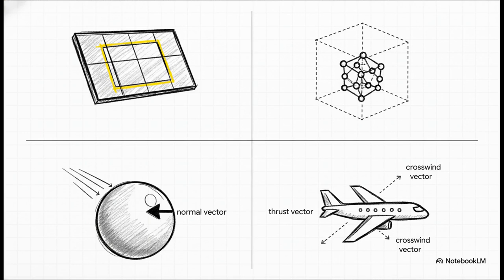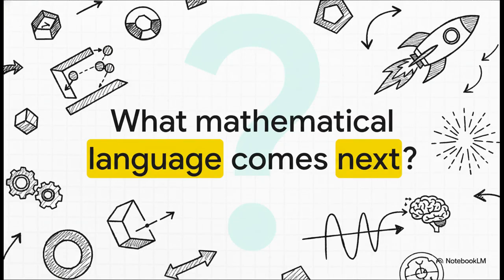And that plane fighting a crosswind we started with, that requires the dot product to see exactly how much of the wind's force is pushing against it. Every single one of these problems is solved elegantly with vectors. From physics and engineering to data science and computer graphics, vectors are the fundamental language for describing a world that has both magnitude and direction. We've just learned the grammar, so I guess the only question left is, what are you going to build with it?